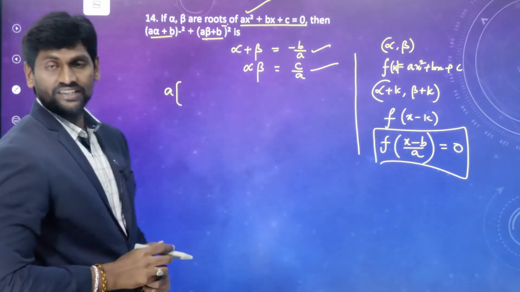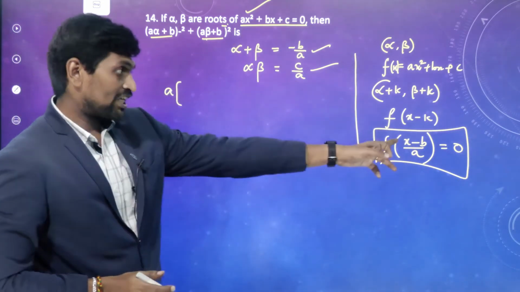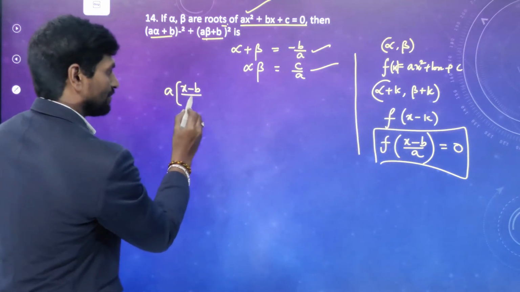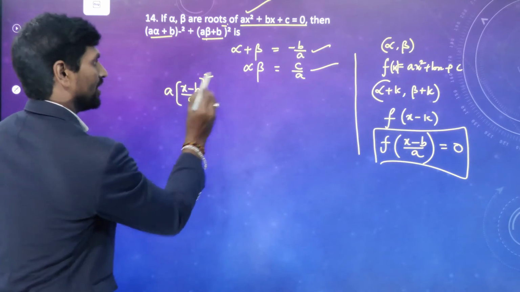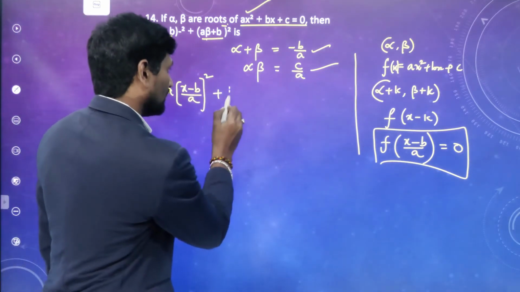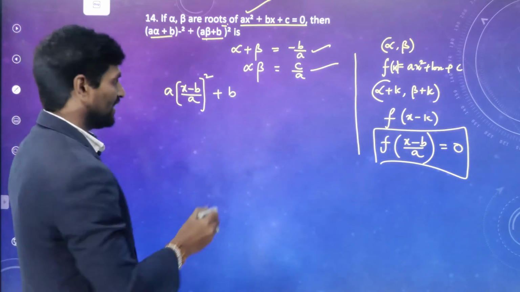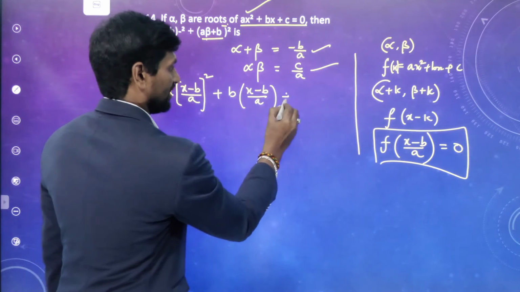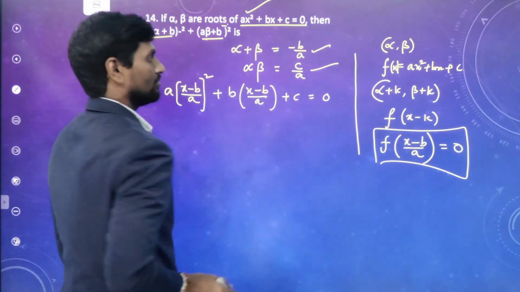In the place of x, substitute x minus b by a: a times (x minus b by a) whole square, plus b into (x minus b by a), plus c equals 0.